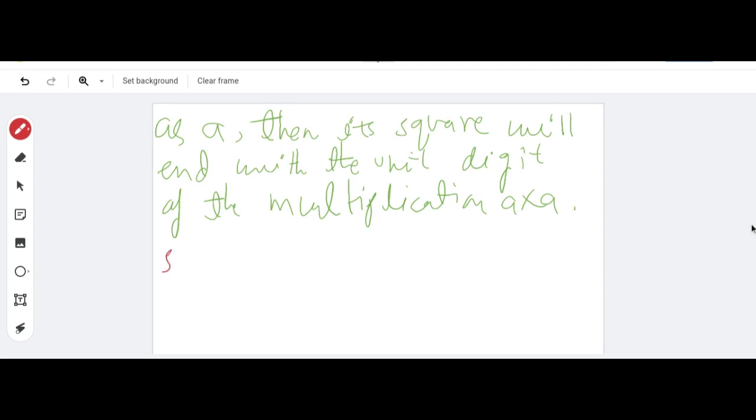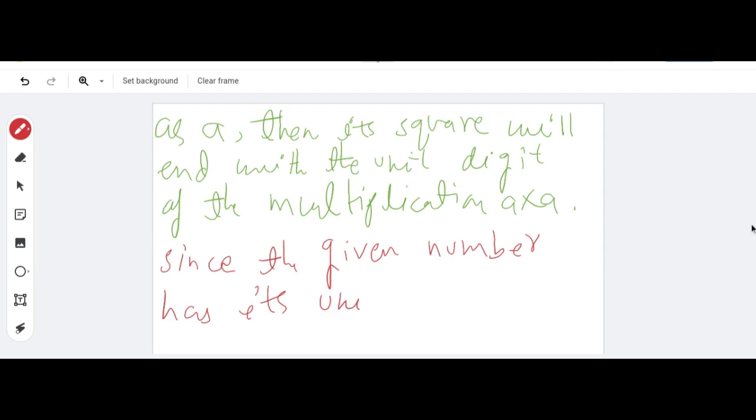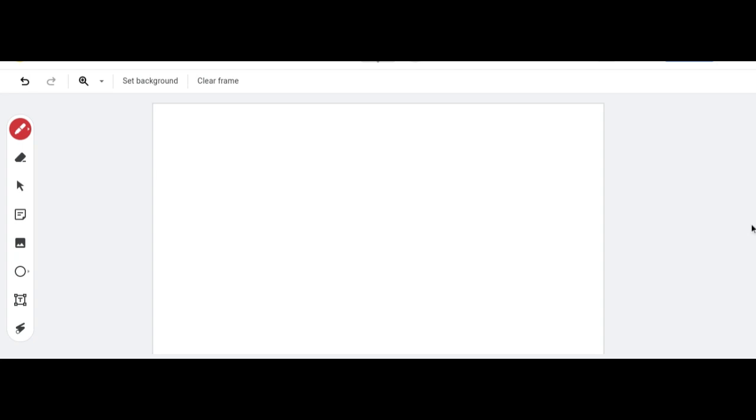So since the given number has its units place digit... What is the unit place digit of 81? 8 square. 1. The unit place is 1, Sukena. Oh yeah, sorry, ma'am.